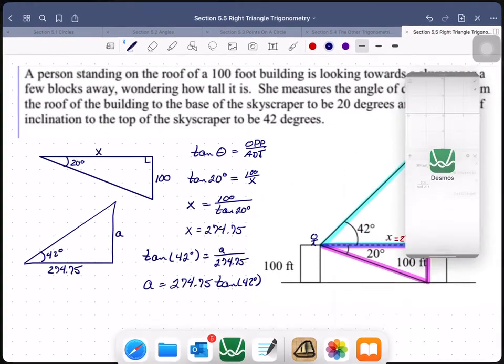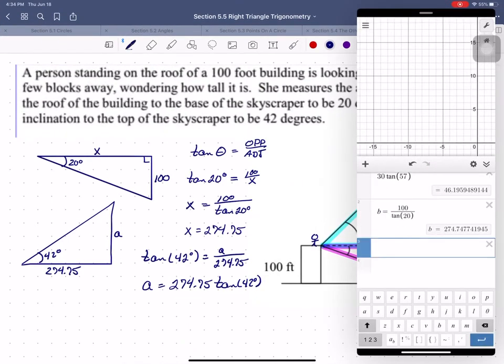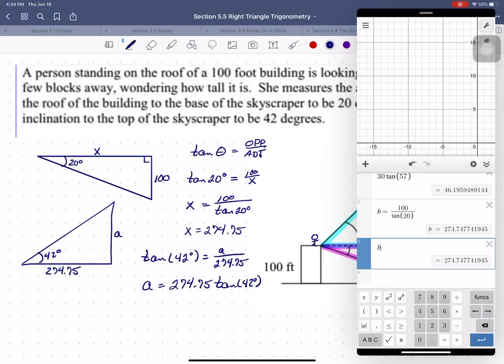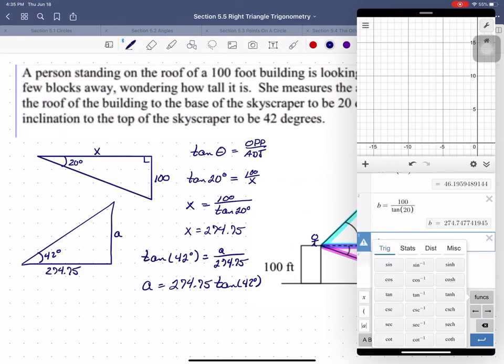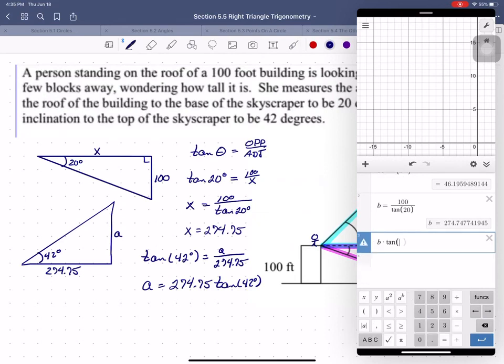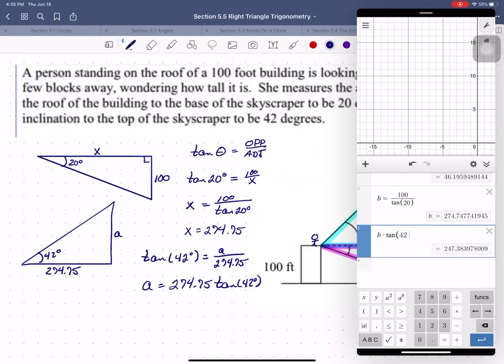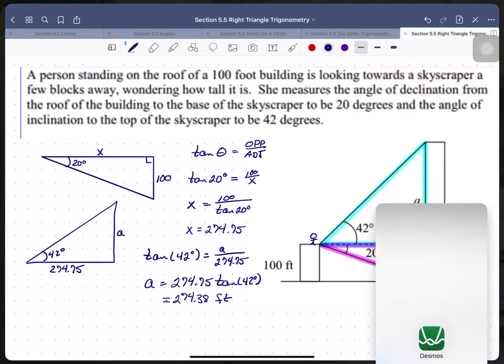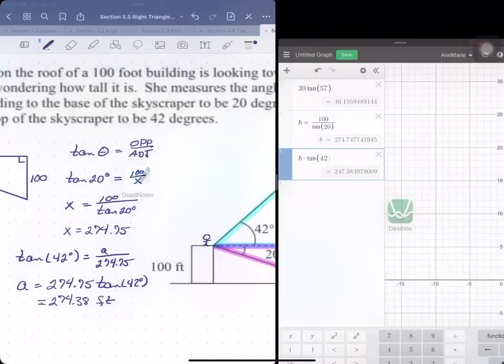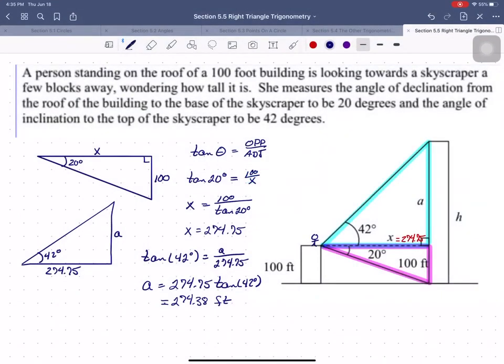So I'll open up my calculator. And instead of the 274.75, I'm going to use b, because that's what I named that number. B times the tangent of 42 degrees is 274.38. And those are now feet, because my other lengths were in feet.